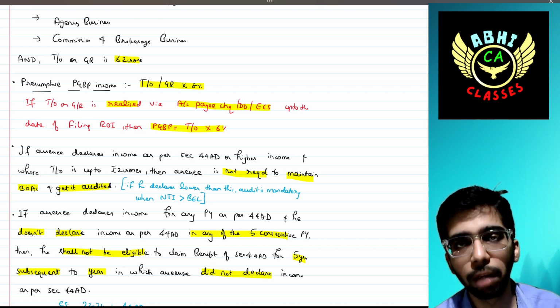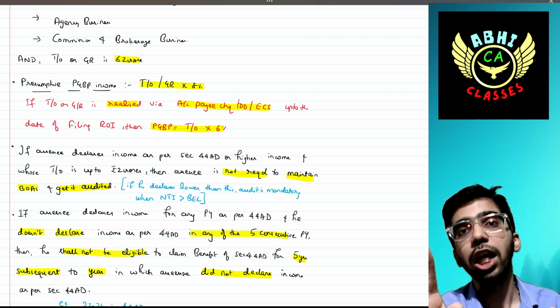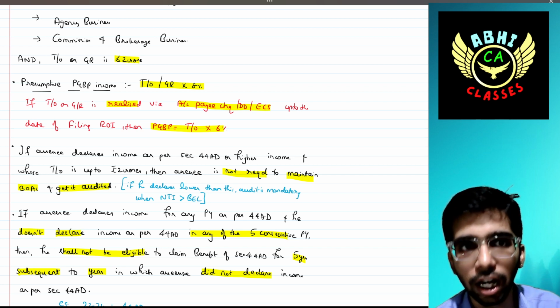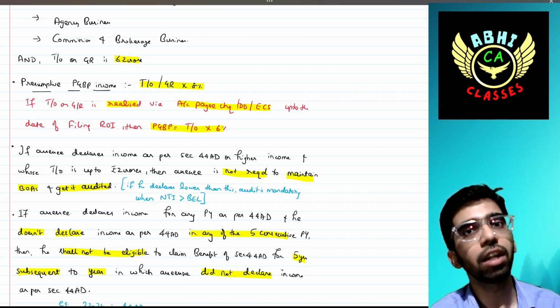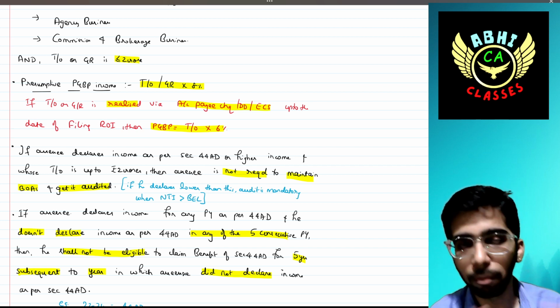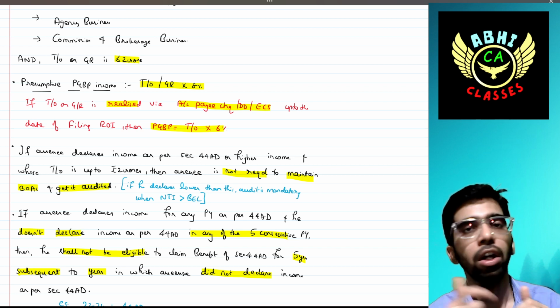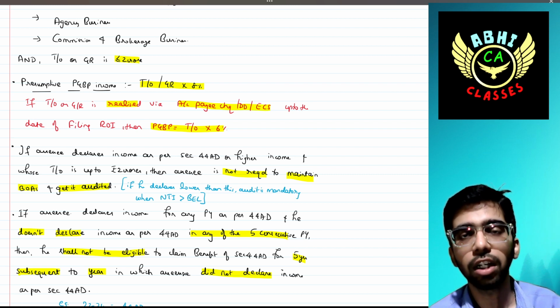A 2% benefit will be available. Let's say, for example, 2 crore into 8% will come to, if I am not wrong, 16 lakh, right? But if you are transacting through the banking mode, then the PGBP income would be 2 crore into 6%, that is 6 twos are 12, that is 12 lakh, correct?